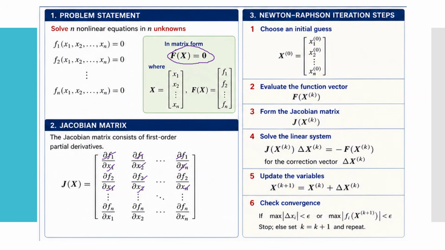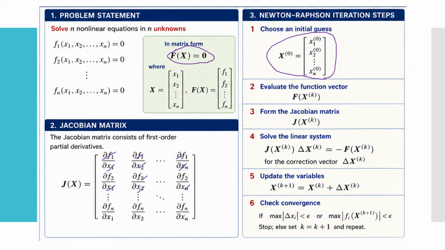In Newton-Raphson, like Gauss-Seidel, we start with an initial guess. Once we make the Jacobian matrix, we will estimate the initial guess for all variables. The initial guess is very important to determine. So we will evaluate the function at the initial guess. Then we will evaluate the Jacobian matrix at the initial guess.